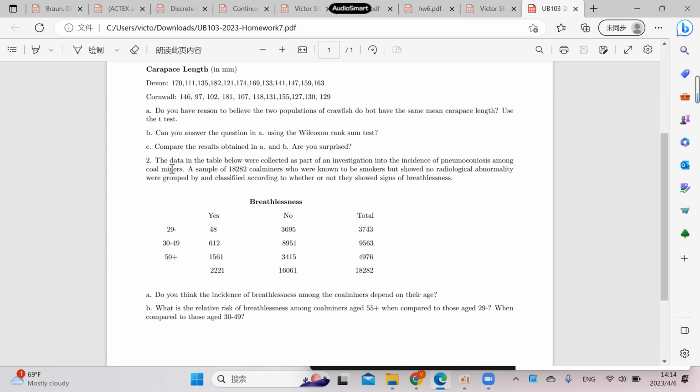The way we do this is, first, we assume those two statistics are independent, and we use our assumption to construct a table of our expectation. The table of expectation is built based on our assumption that breathlessness and age are independent.